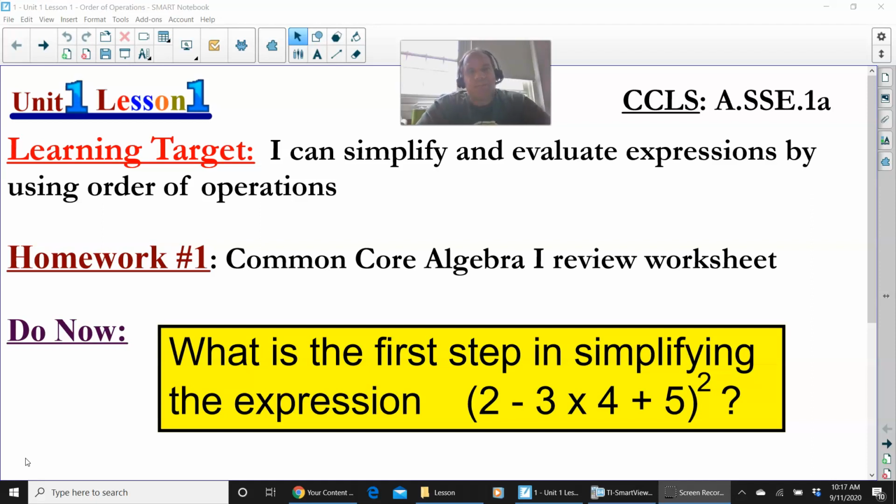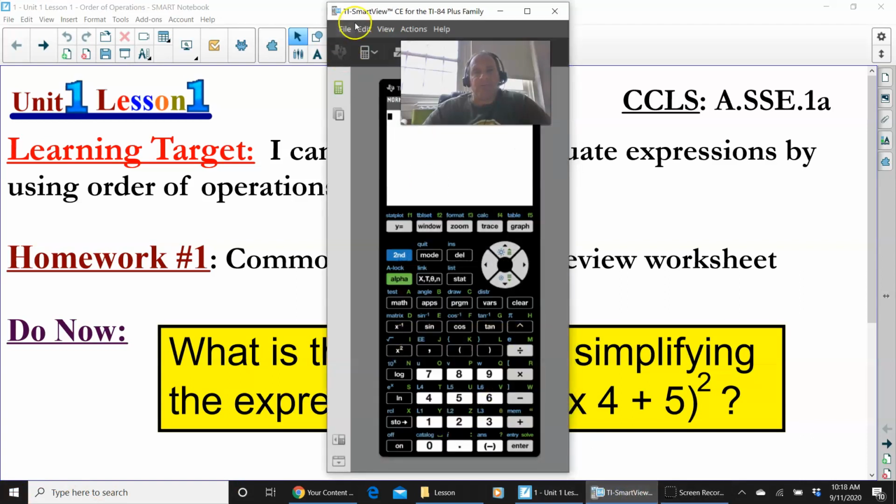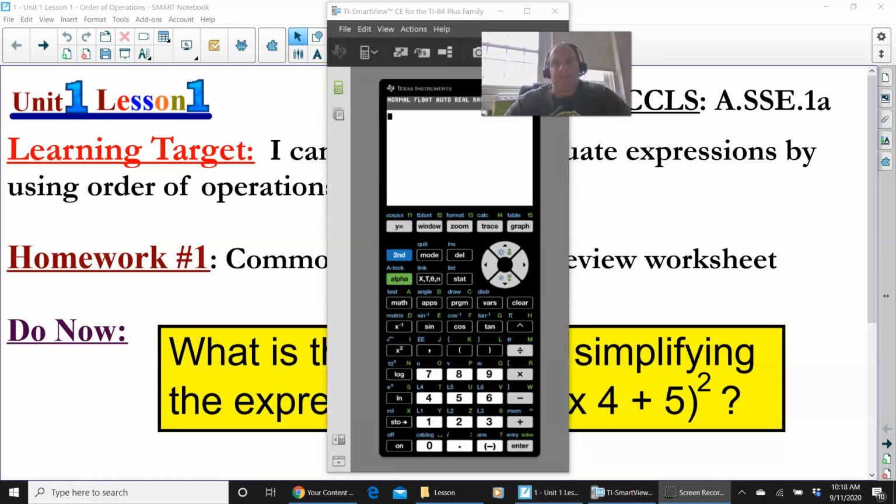So Unit 1, Lesson 1, learning target: I can simplify and evaluate expressions by using order of operations. So we are going to use a calculator.